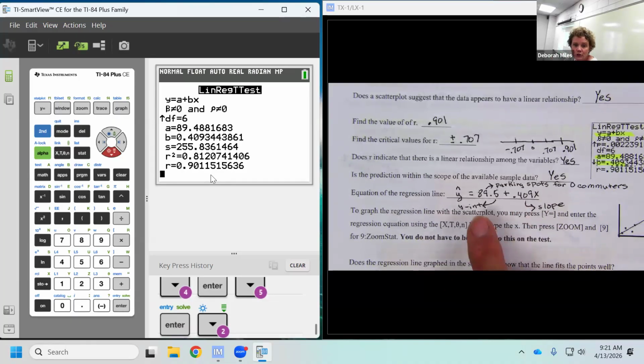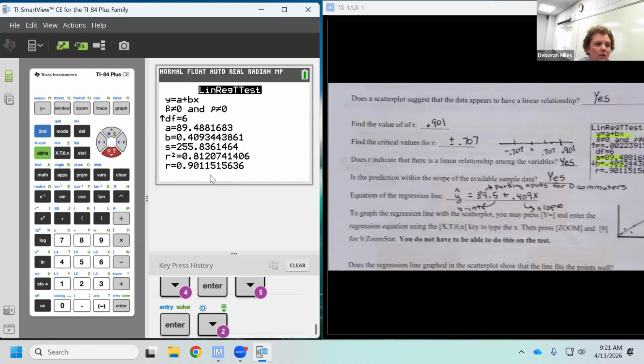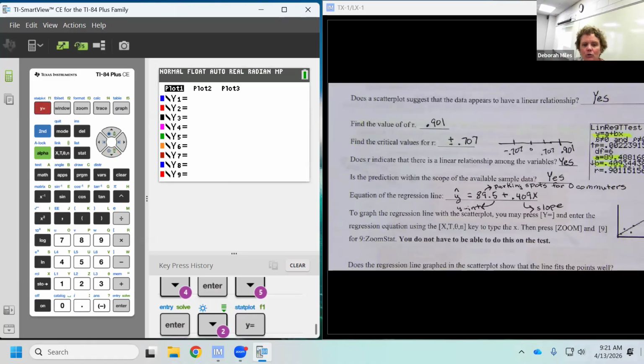To graph the regression line with the scatter plot, you can enter the y equals on your calculator, right there, and type that equation in. 89.5 plus 0.409. And your X is the key right beside your alpha button, the green alpha button.